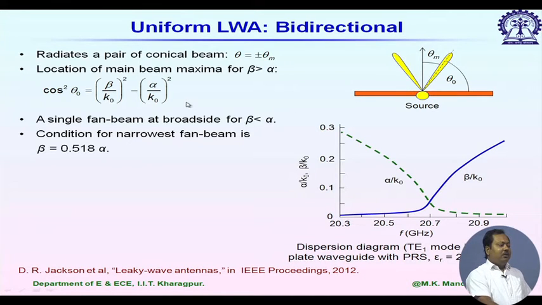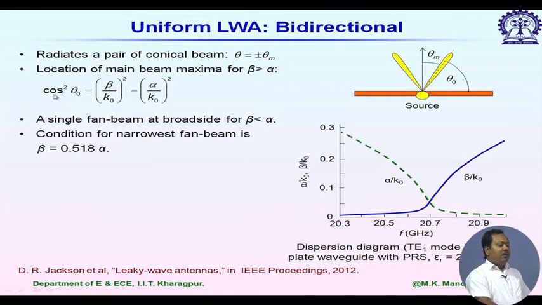It can be shown that two beams exist for beta greater than alpha. If beta is less than alpha, in that case we will be having only one beam. So, the condition to obtain two beams is beta greater than alpha, and the beam direction theta naught is measured from the guiding structure itself.